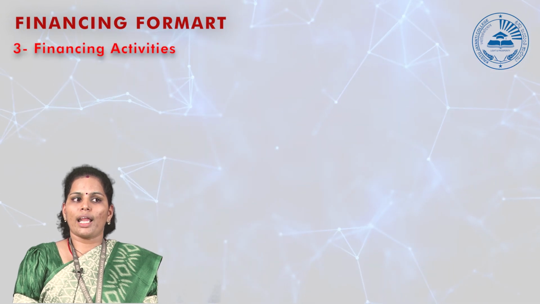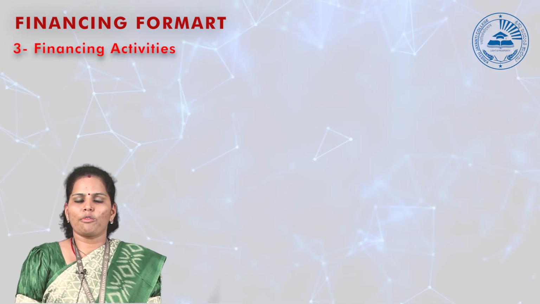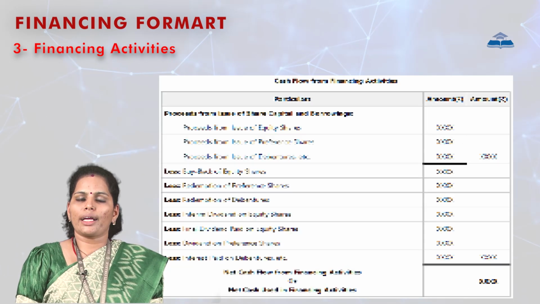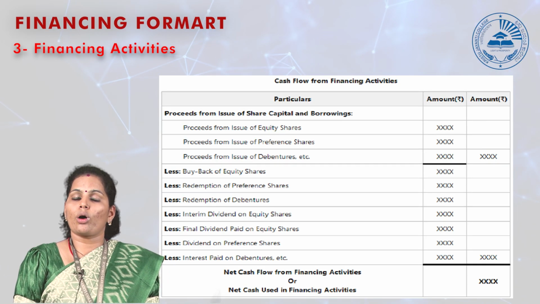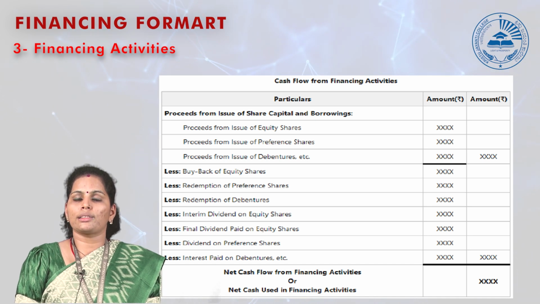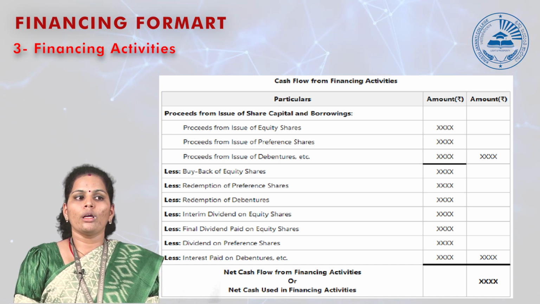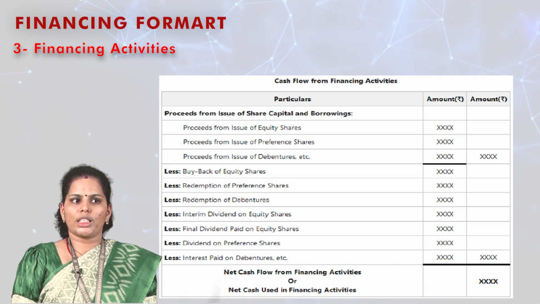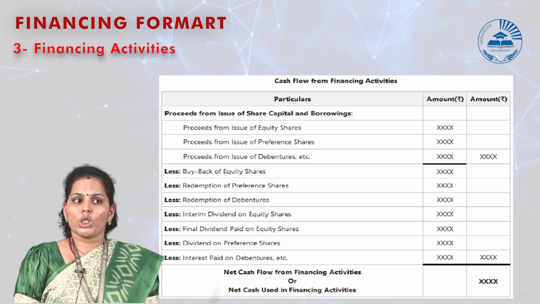Next we will see the last part, that is cash flow from financing activity. I already told you financing activity mainly concentrates on how the enterprise will raise funds. For example, issue of equity shares, issue of preference shares, issue of debenture.